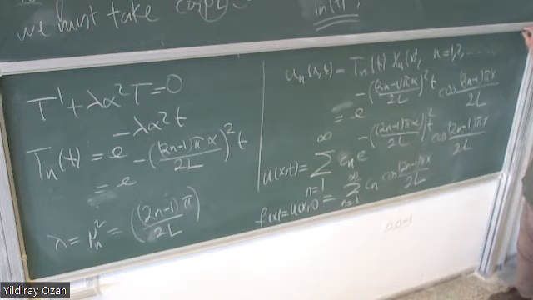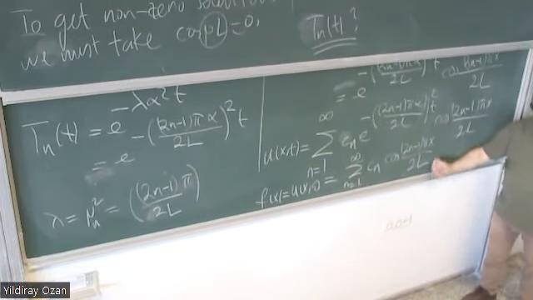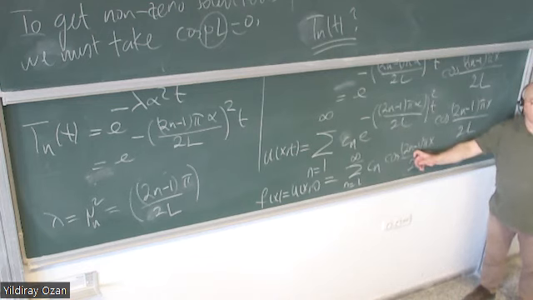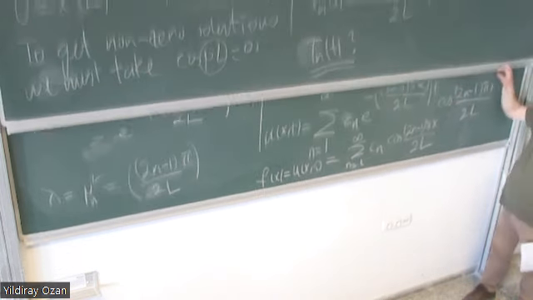So it's another Fourier series, but this is not something we have seen so far. It is not a sine series, it is not a cosine series. It is cosine, but I have only odd terms. It's a strange kind of function.